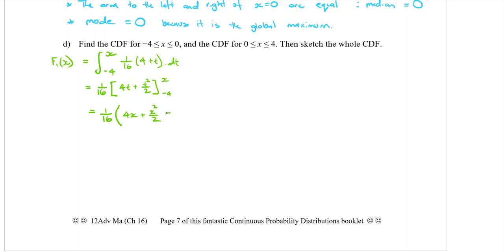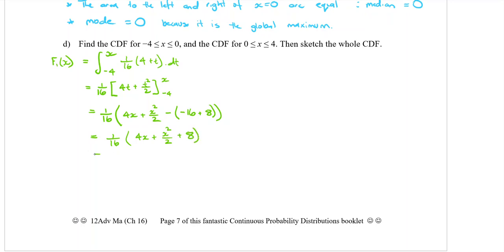Minus, sub in -4 would be -16. So I put brackets in there because I've got multiple negative signs happening. -16 plus negative 4 squared is 16 over 2, or just 8. Close bracket, close bracket. Okay, tidy it up. What have we got? 1 over 16, we have 4x plus x squared over 2, 16 minus 8 would be a plus 8.